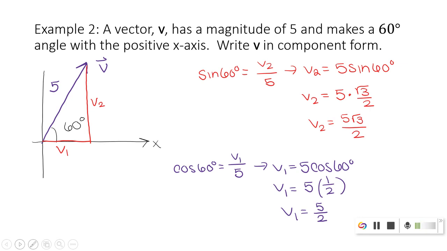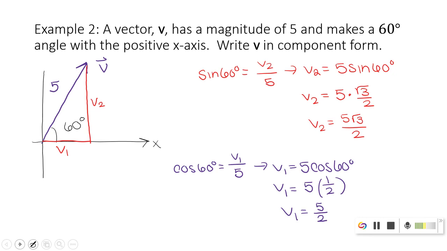Same idea for my horizontal component. Cosine of 60 degrees would be the adjacent, so horizontal component V1 over hypotenuse 5. So cosine 60 equals V1 over 5. That means V1 is going to be 5 times cosine 60, or 5 times a half, or 5 halves.